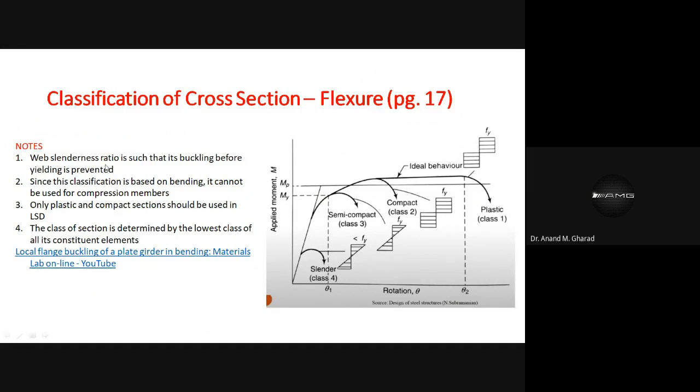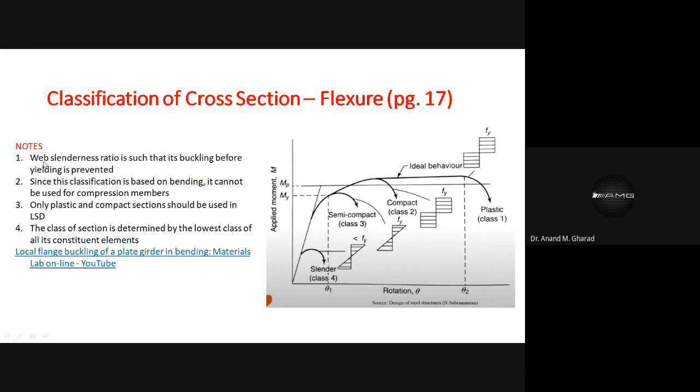Slenderness ratio is nothing but the aspect ratio. Have you ever come across this term of aspect ratio? Do you know what this aspect ratio deals with? Aspect ratio, you can say, is the ratio of largest dimension to the smallest dimension.